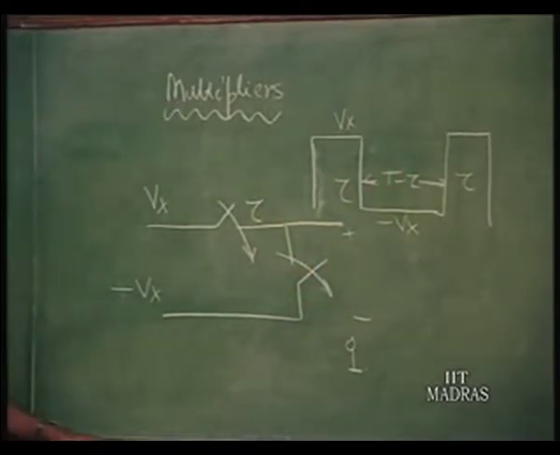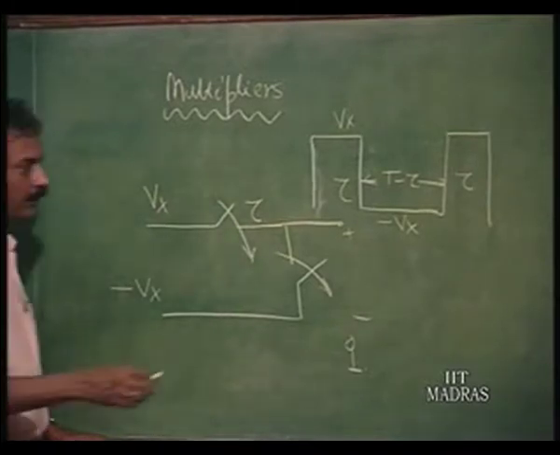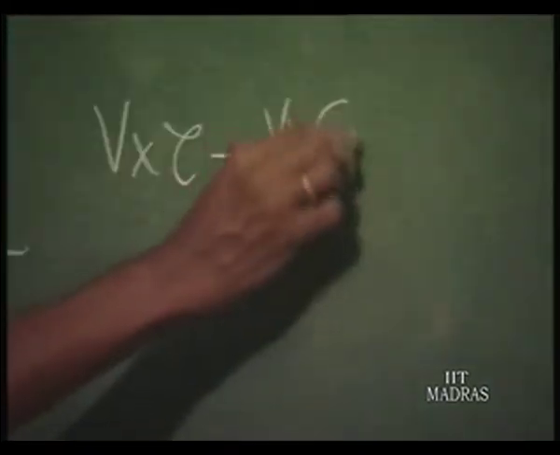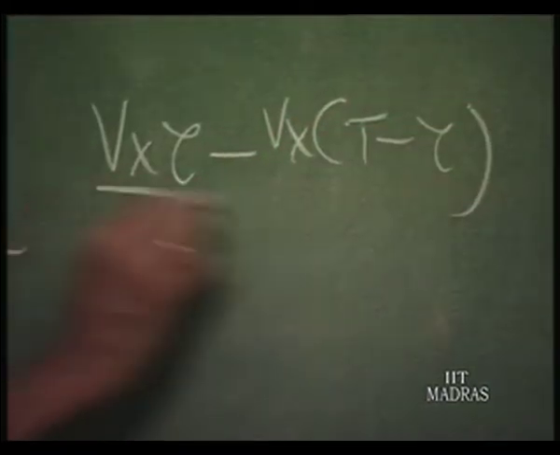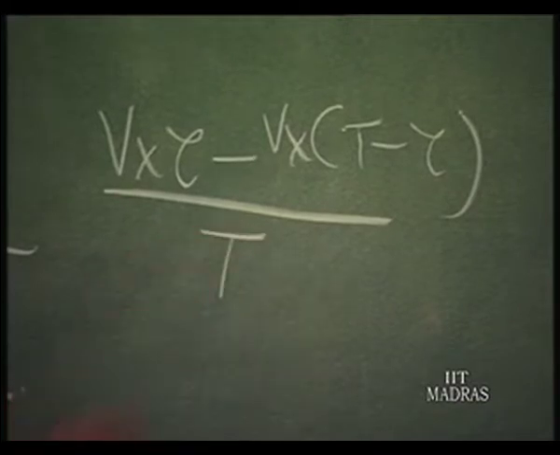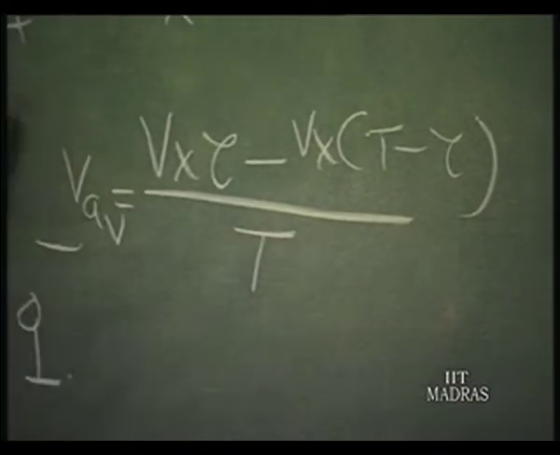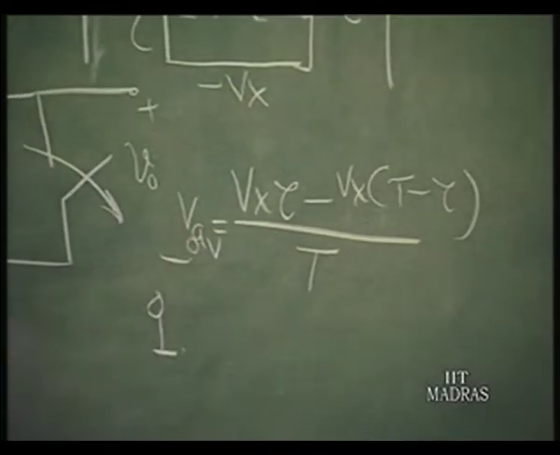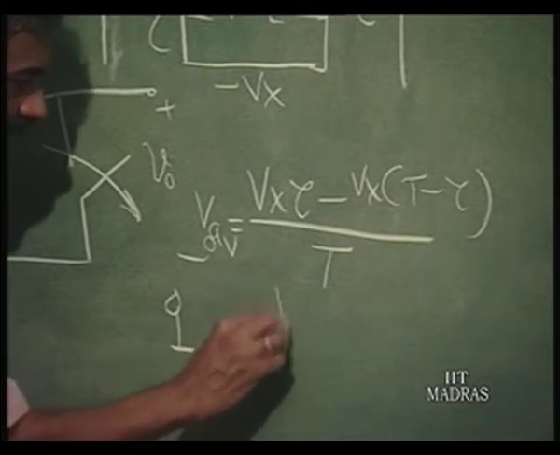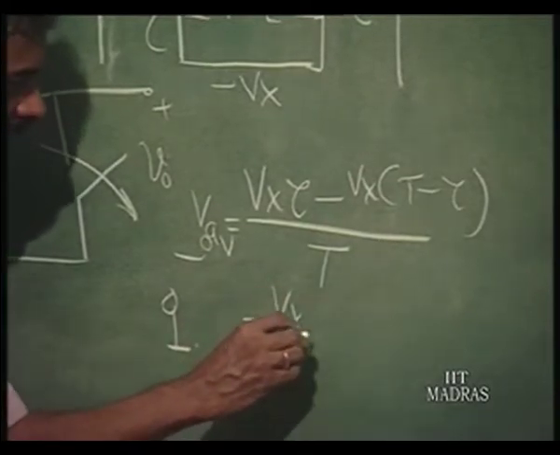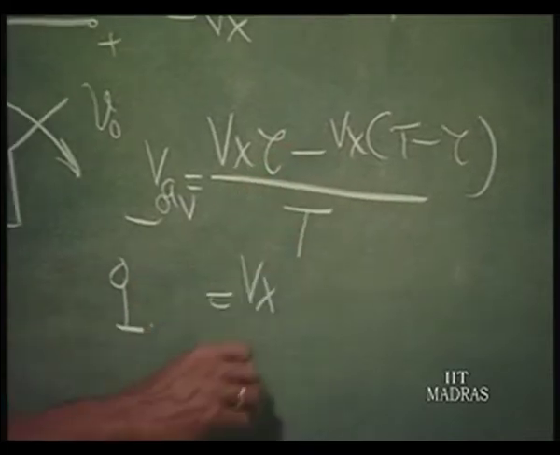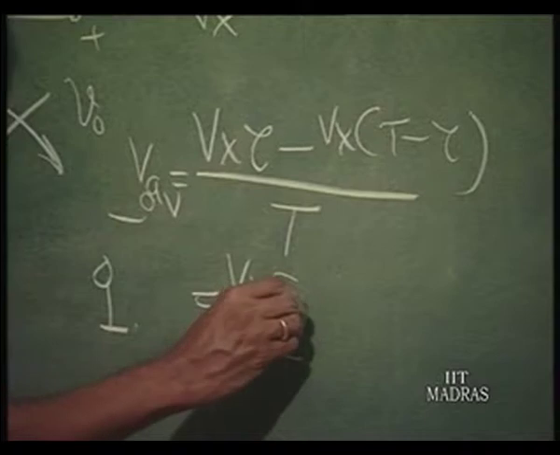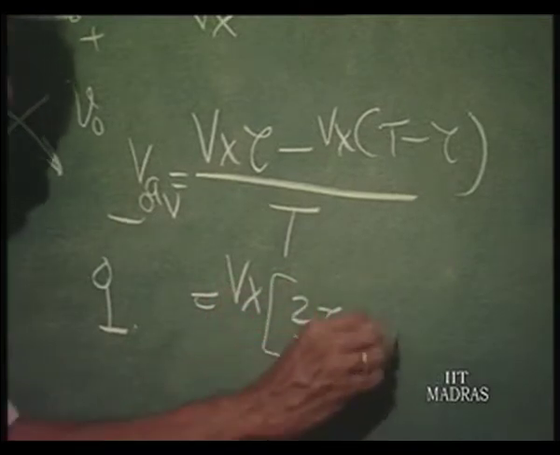Now, if you take the average, you get Vx into tau minus Vx into T minus tau, by T. This is the V average of this voltage V naught. What is it going to be? It is going to be Vx into (2 tau by T minus 1).